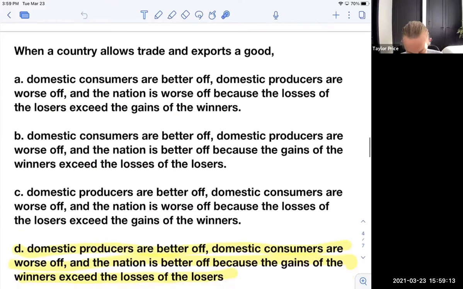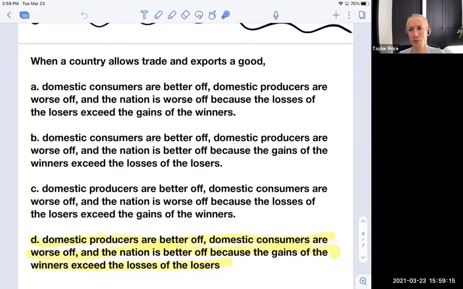Okay, the next question someone had, and I believe this was from chapter 3, was asking, so when a country allows trade and exports a good, domestic producers are better off, domestic consumers are worse off, and the nation is better off because the gains of the winners exceed the losses of the losers. So remember, for any type of trade situation, not everyone in the economy is going to benefit.